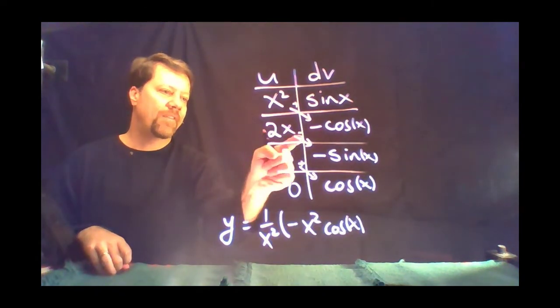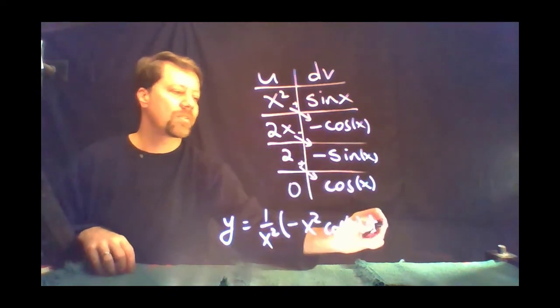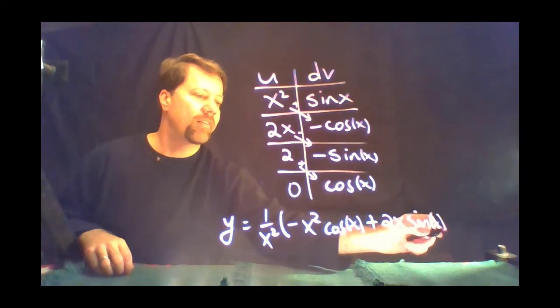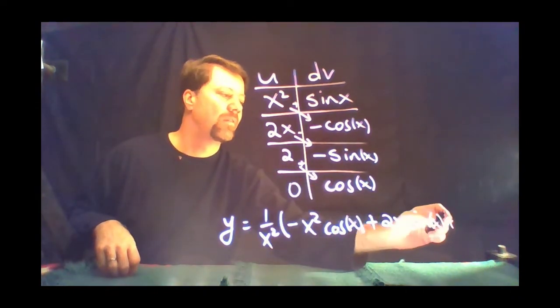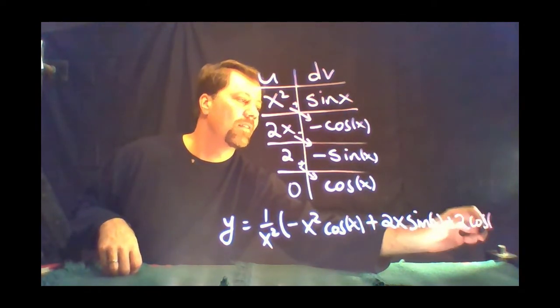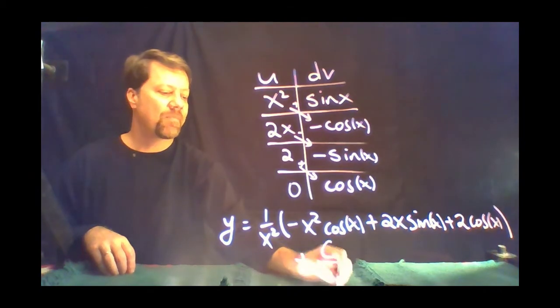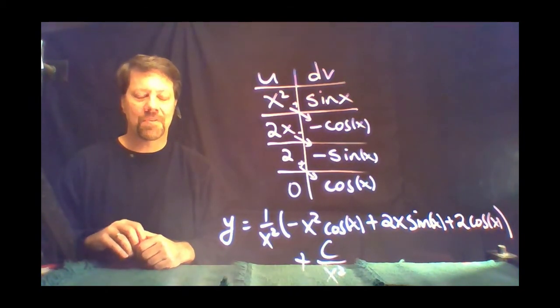We'll have minus a negative, that ends up being positive 2x sine of x, and then positive 2 cosine of x, but don't forget the plus c divided by x squared, giving us the solution to this first-order linear differential equation. Let's try another example.